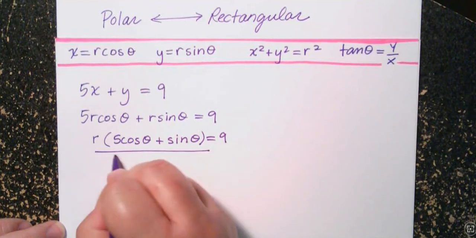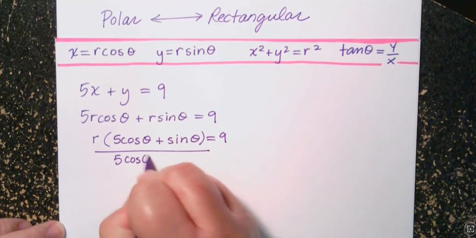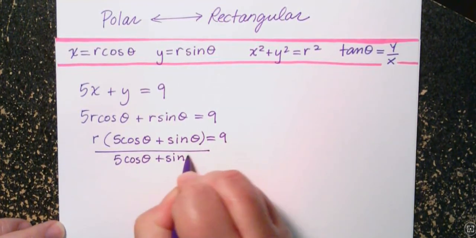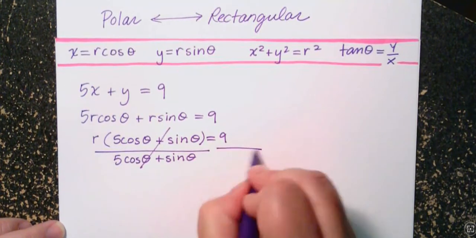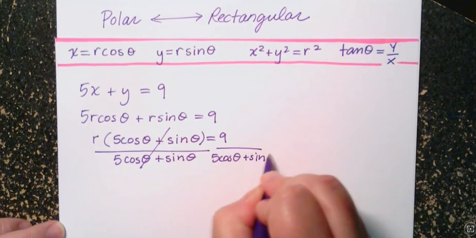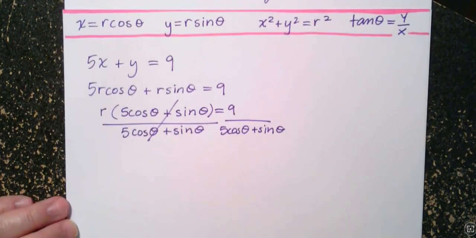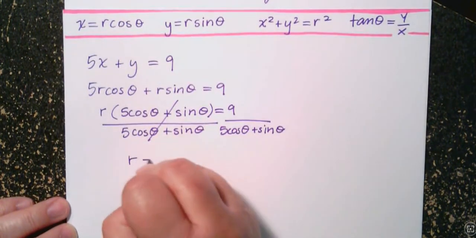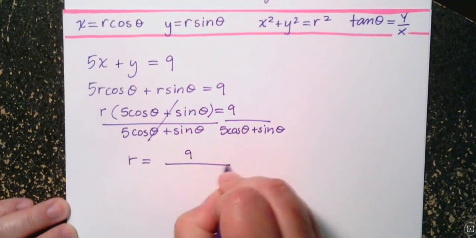And then I'm going to divide both sides by those two expressions. Didn't leave myself much room on the right. But basically now r is by itself, and this is how I want my final answer.